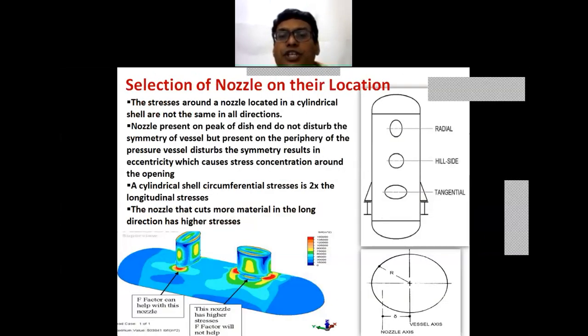Then the selection of nozzle based on their location. Depending on the purpose or the utility of that fitting attachment, their location is selected. The stresses around a nozzle located in a cylindrical shell are not the same in all directions.